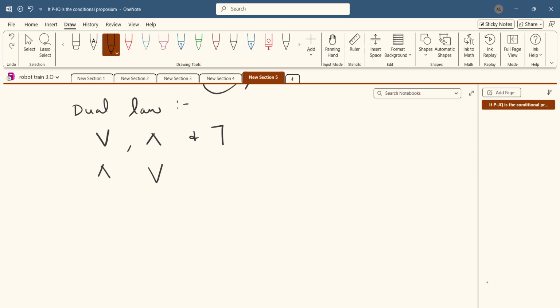Suppose the dual proposition of the statement A is denoted by A star.